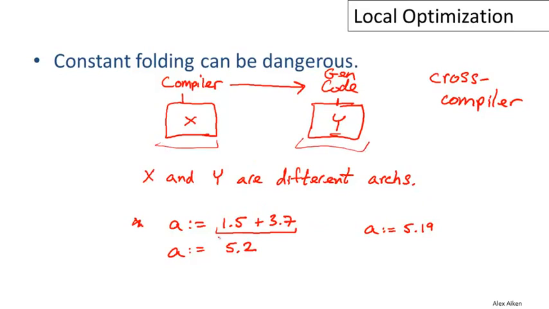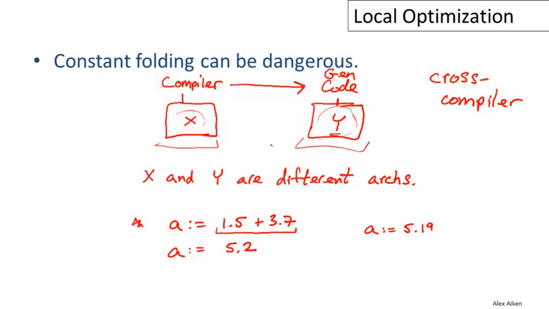And this becomes significant in the case of constant folding and cross-compilation because some algorithms really depend on the floating point numbers being treated very, very consistently. So if you're going to round off in the operation in one way, you need to do it that way for every time you do that particular operation. And by shifting the computation from runtime, when it would have executed in architecture Y, back into the compiler, when it ends up executing in architecture X, you can change the result of the program.